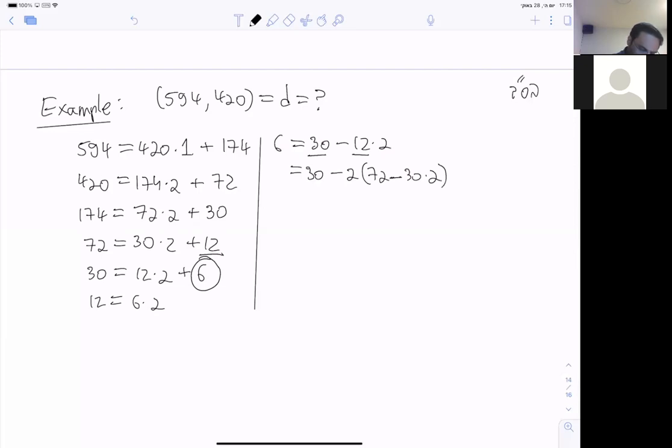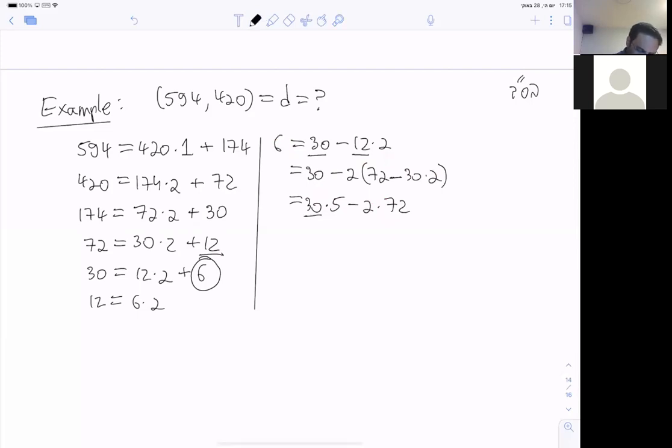Now I'm gathering the coefficients of 30. So if we have one here and 4 here, we have 5 times 30 minus 2 times 72. Let us think about it. This is 150 and this is 144, so it's okay, it's 6.